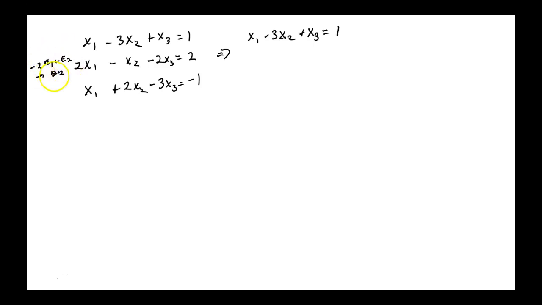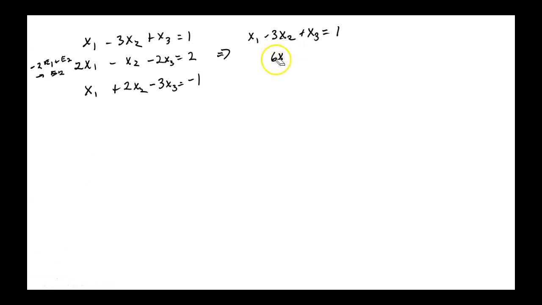Okay, now let's do this rule to see what happens with equation 2. So what do we do? Minus 2 times x1 is negative 2x1 plus 2x1 is 0. That's exactly what we wanted. Now negative 2 times negative 3x2 would be 6x2. Wait, I'm supposed to subtract x2 from that, sorry.